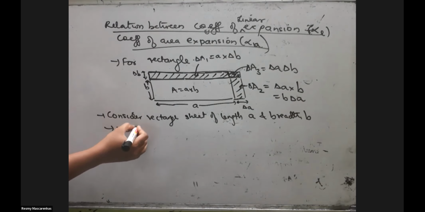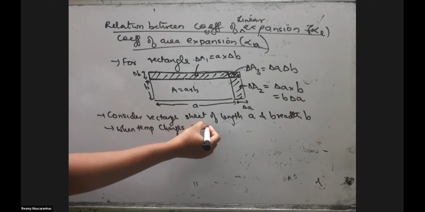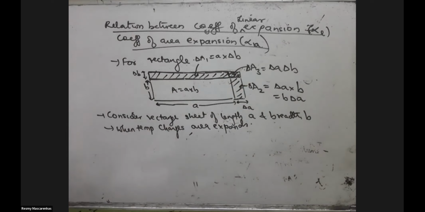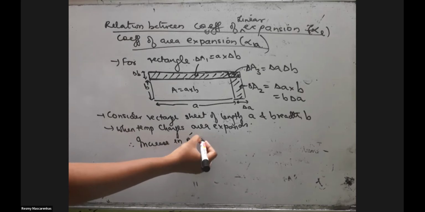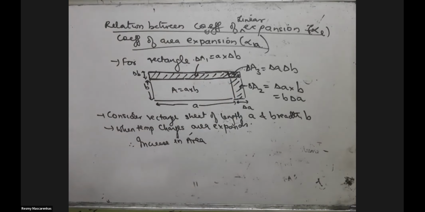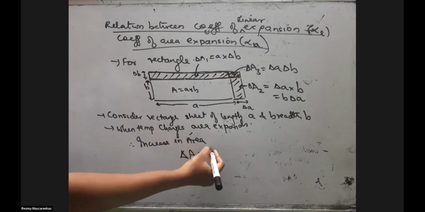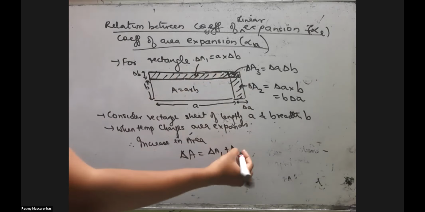When temperature changes, the area expands. Therefore, what will be the increase in the area? We are calculating how much it has increased. The increase in area will be the total delta A change: delta A1 plus this area plus this area.